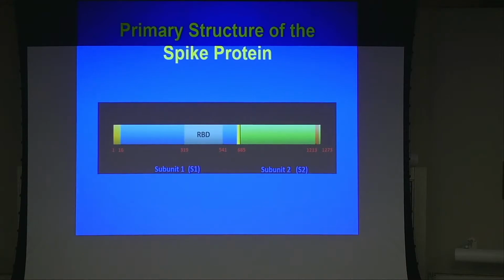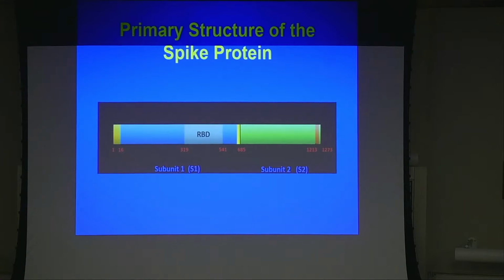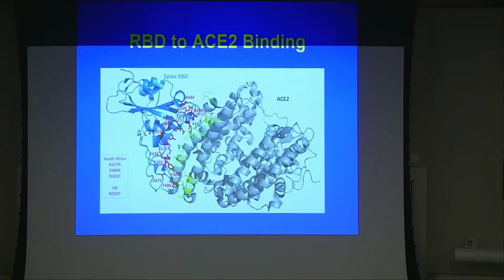The way this molecule gets into your cell is that the receptor binding region on the spike protein binds to a receptor on your cell. We know how this binds, and that's shown in the next slide. In gray, we're showing the alpha helical regions of the amino acids in something called the ACE2 receptor.